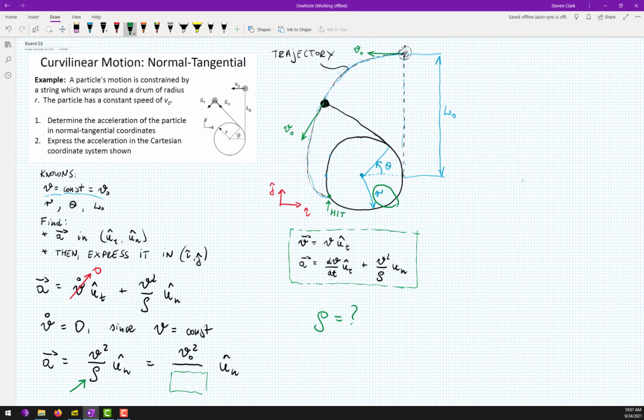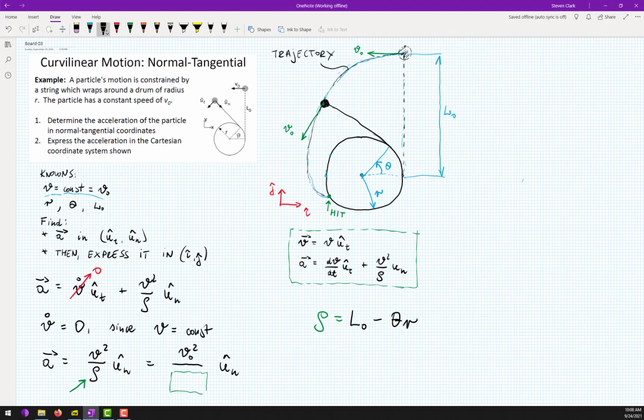Not really. Yes, sir? Well, starting at L0 away, wrapping around, so L0 minus something like R, as a function of theta. Yes, very good. R theta, exactly. Good shot. And what's your name? Kyle.